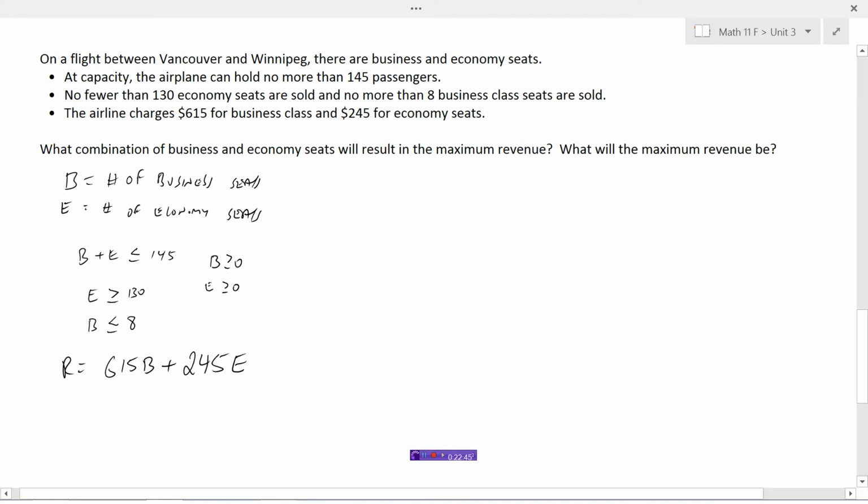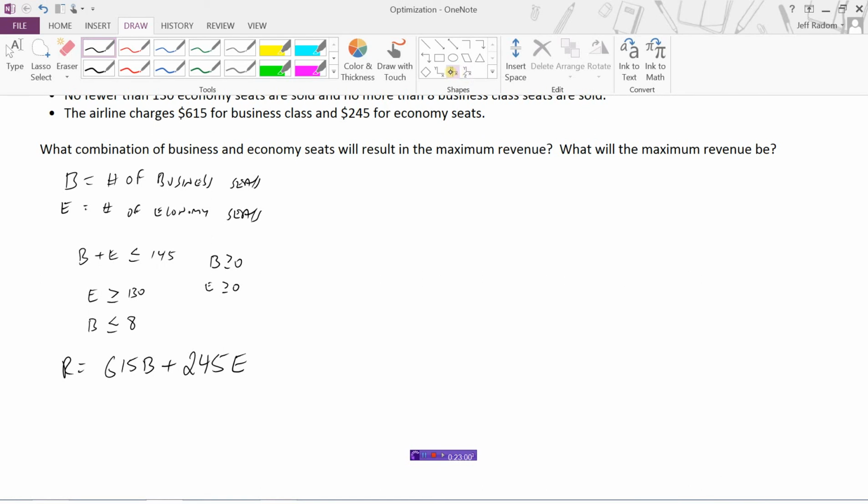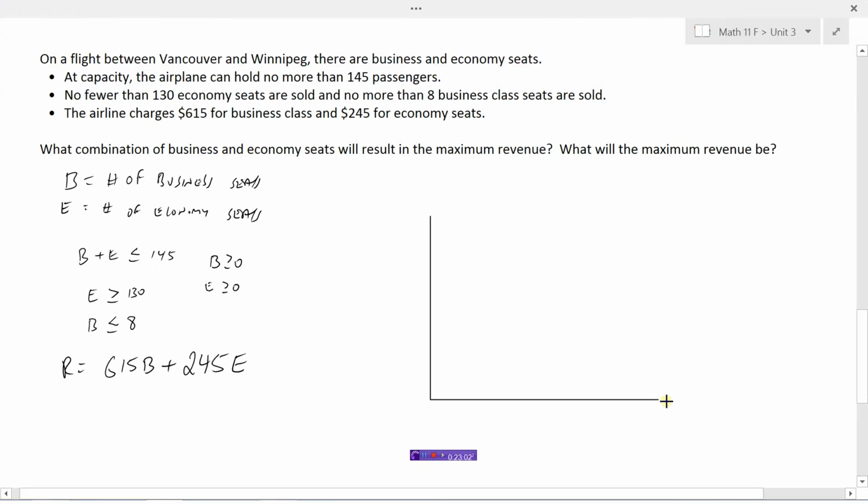Now we have to graph this thing. What's a little bit different in this one is we have some very big numbers here. So we could graph this, get a graph out, and it would look something like this. We might have E on this axis and B down here, and then this one here we'd have to do a little bit of work. We'd have to say E is actually less than or equal to, bring the B to the other side.